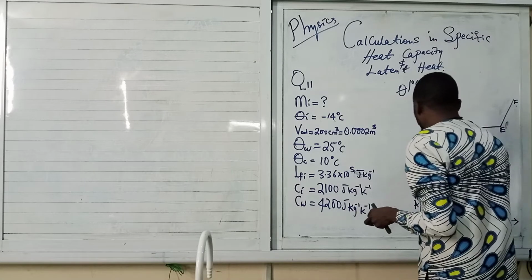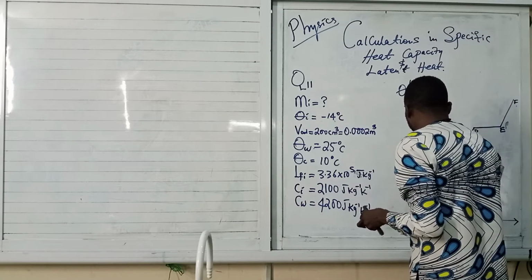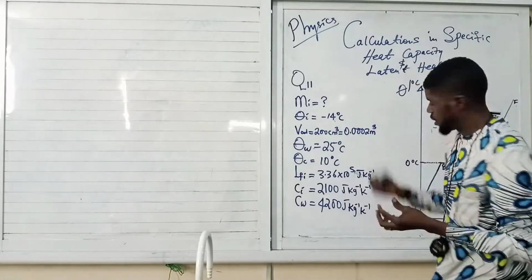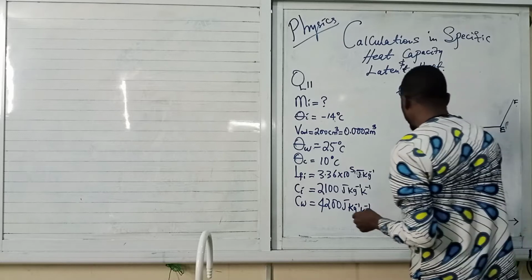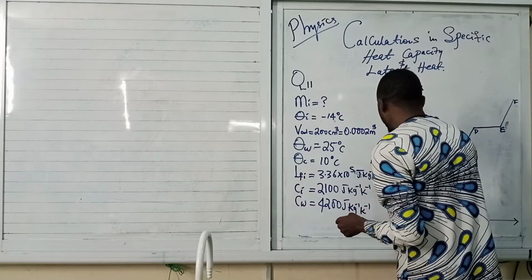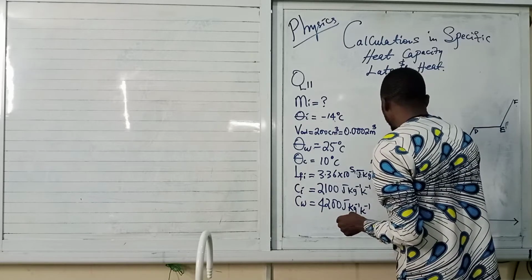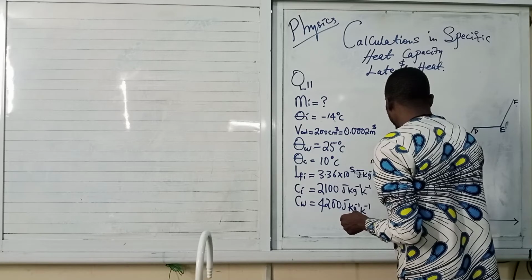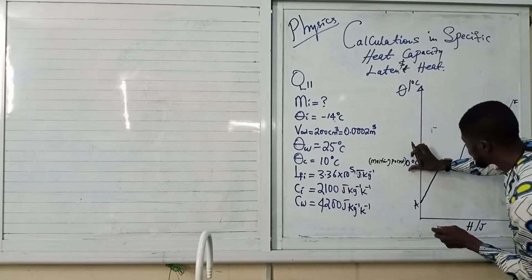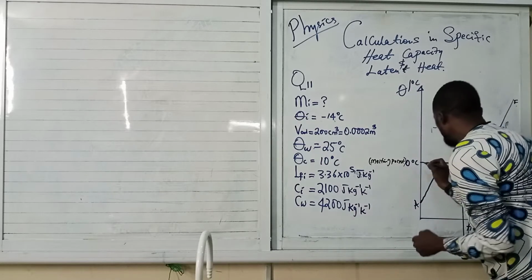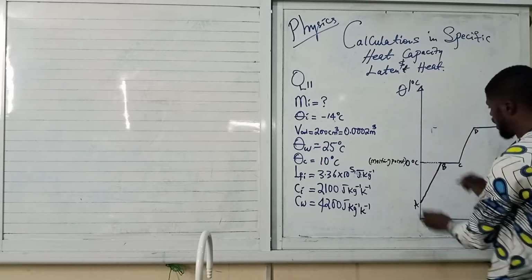So we call this 0. This is 0 degrees Celsius. In 0 degrees Celsius, this is called the melting point. The melting point of the ice is at 0 degrees Celsius. So anything down here is dry ice.